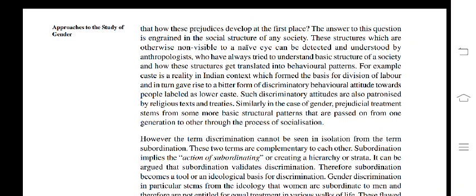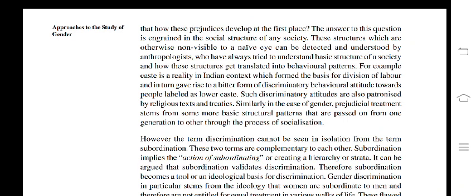These structures, which are otherwise non-visible to a naive eye, can be detected and understood by anthropologists who have always tried to understand basic structure of a society and how these structures get translated into behavioral patterns.